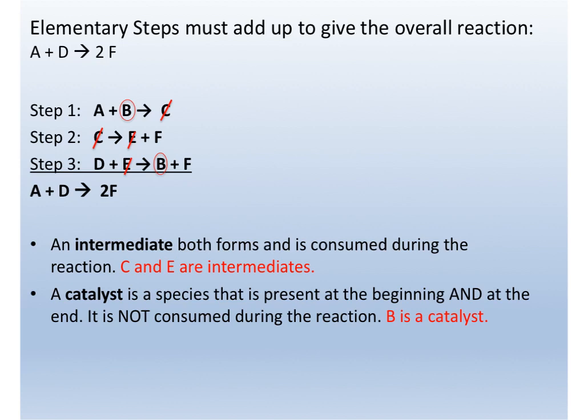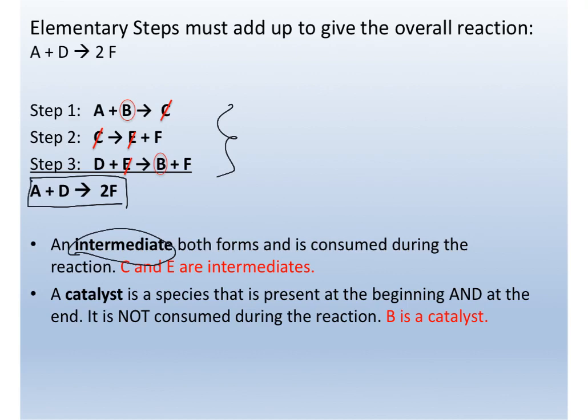All right, so when you add elementary steps to give an overall reaction, there are a couple of species that you need to be aware of, and one of them is an intermediate. An intermediate is a substance that is created during the reaction and consumed during the reaction.